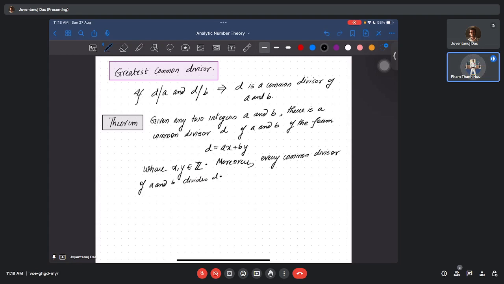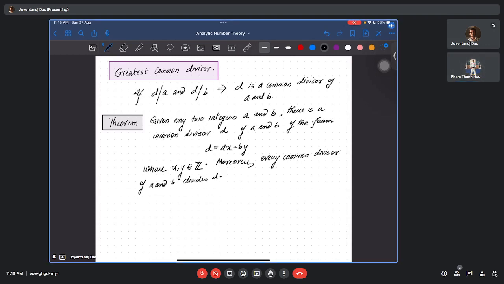So if x and y can be negative, with every a and b we can always find x and y, because a equals minus by, so the right hand side is 0.